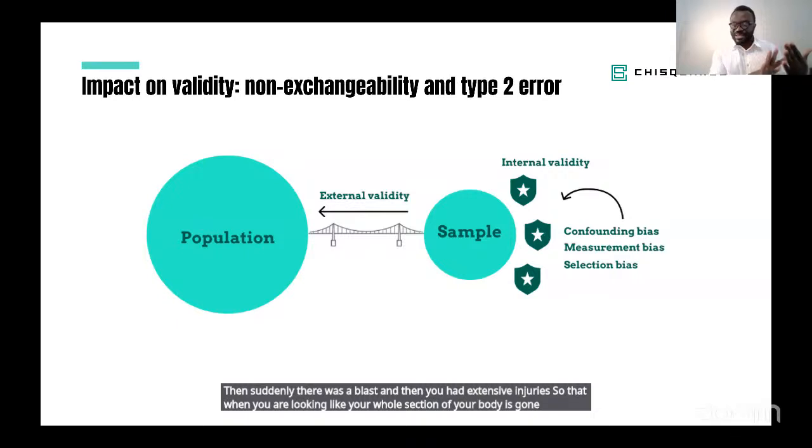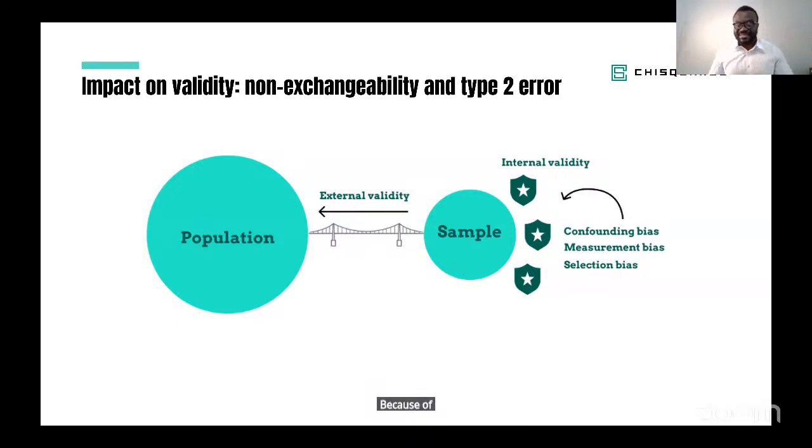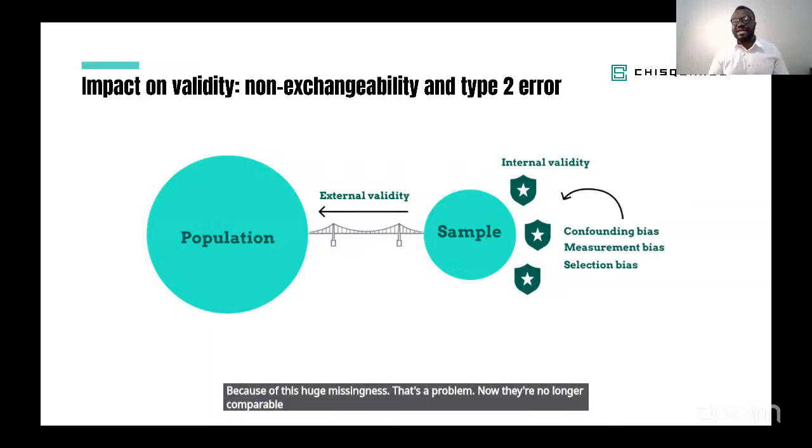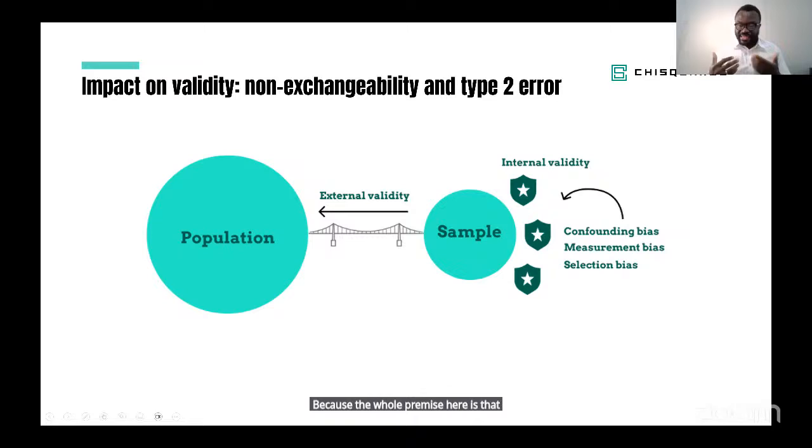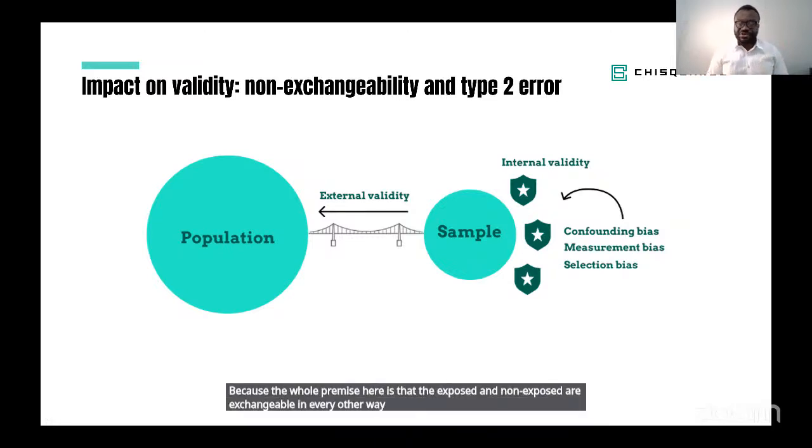So now you're looking in the mirror and you're no longer exchangeable with the other guy because of this huge missingness. That's the problem. Now they're no longer comparable, they're no longer exchangeable, and that threatens the whole basis for internal validity, because the whole premise here is that the exposed and non-exposed are exchangeable in every other way except for the treatment. But missingness threatens that such that we have samples that are no longer exchangeable, and so that brings in a lot of bias.